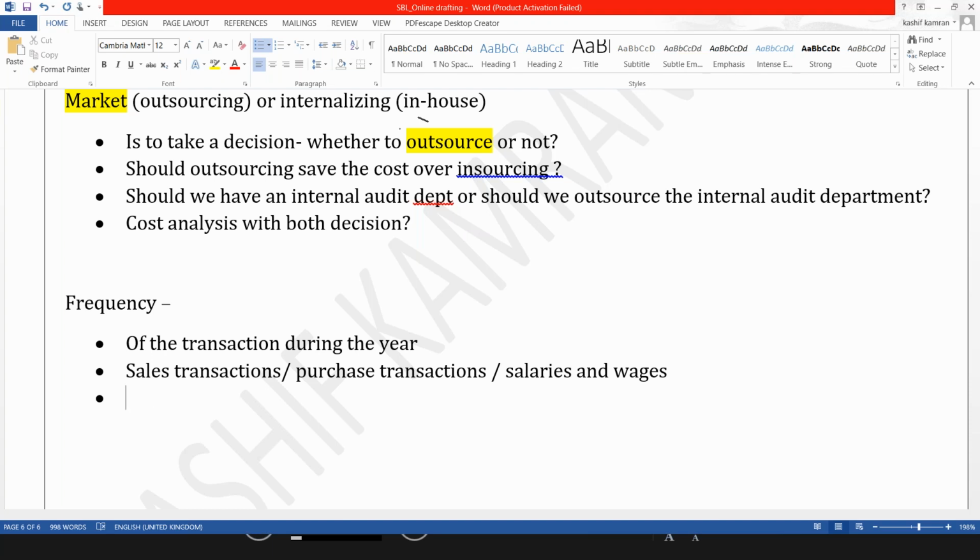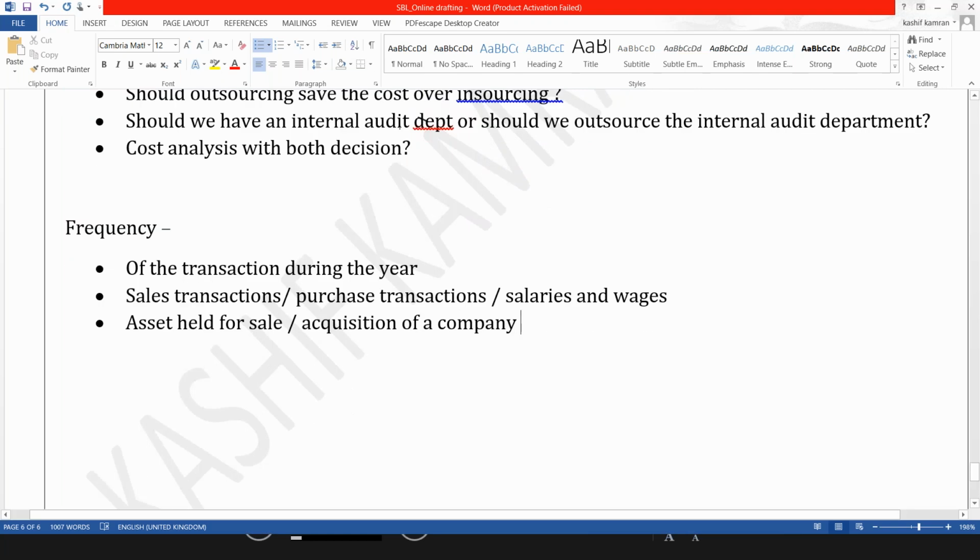And see this transaction, asset held for sale. How frequent is this transaction? Or the acquisition of a company. Which one of them are more frequent transactions?